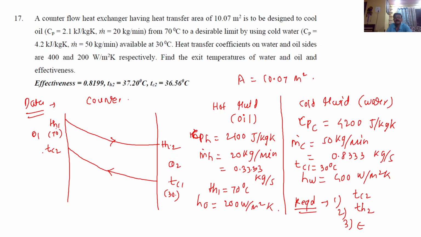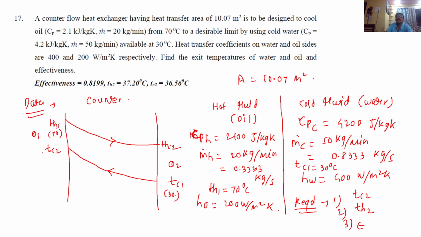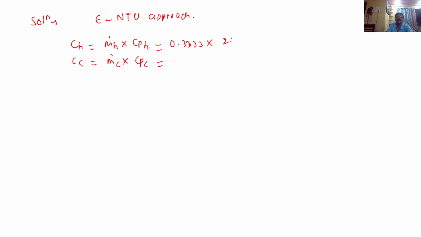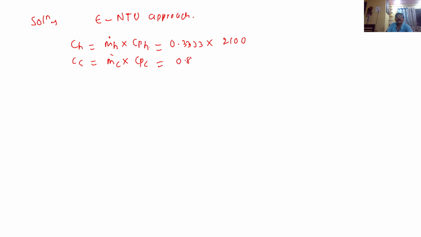So m dot h, 0.3333, into CPH, 2100, then m dot c, 0.8333, into CPC, 4200.